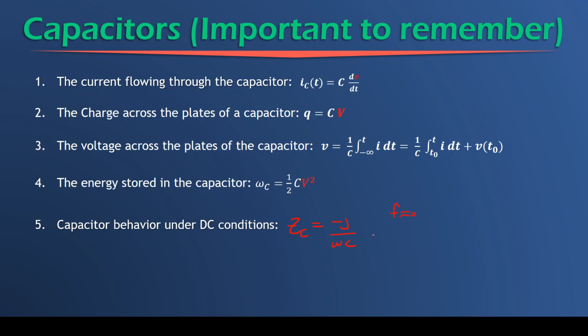So it's a very, very small number which tends to 0. And if the frequency tends to 0, what that tells us then is that the denominator is very small, meaning this whole value of Z_C would tend to infinity. And in electrical terms, that would become an open circuit. So under DC conditions, constant voltage source or constant current source of whatever value, the capacitor will become an open circuit.